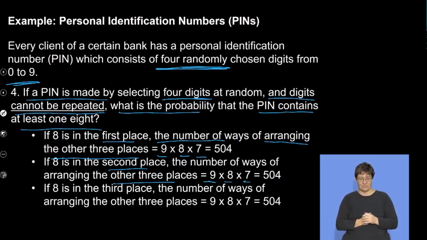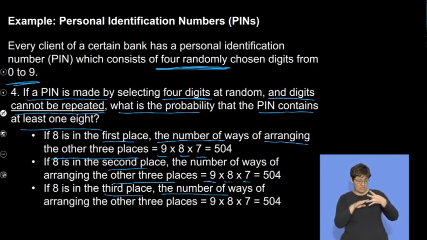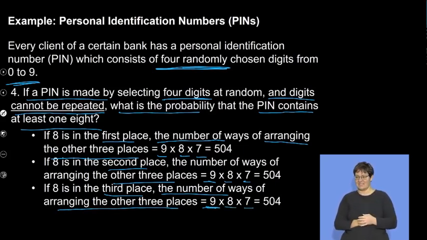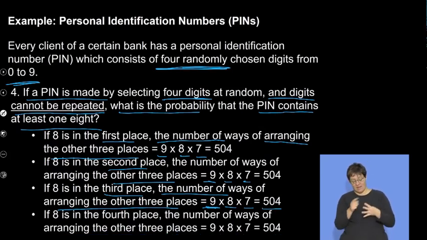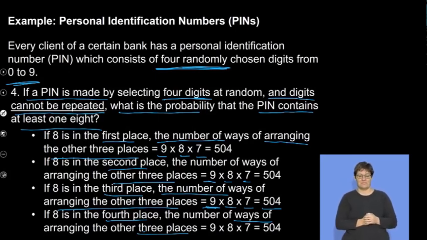Similarly, if 8 is in the third place, the number of ways of arranging the other 3 places will still be 1 times 9 times 8 times 7, which gives us 504. And lastly, if 8 is in the fourth place, the number of ways of arranging the other 3 places will be 9 times 8 times 7, which is still 504.